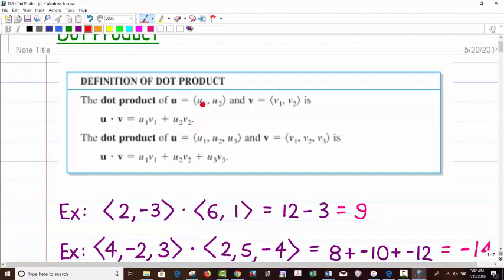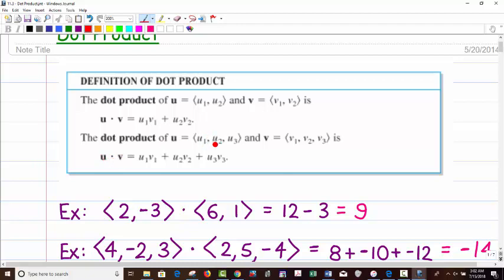So now they have the results here, whether you're dealing with a plane vector or a space vector, it's essentially the same thing. I'll just look at the space vector here, and that way, you can remove the extra term you don't need if you're doing a plane vector. But we say u dot v, so it's got a dot right there representing dot product multiplication.